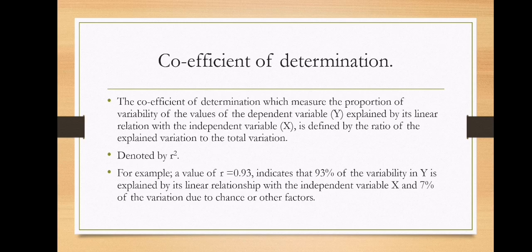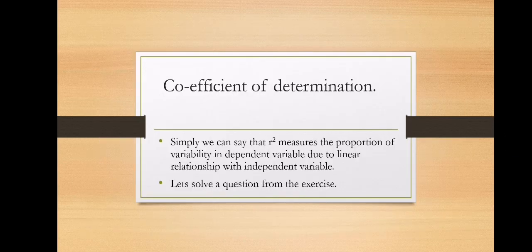For example, an R square value of 0.93 indicates that 93% of the variability in y is explained by its linear relationship with the independent variable x. Simply, we can say that R square measures the proportion of variability in the dependent variable due to its linear relationship with the independent variable.